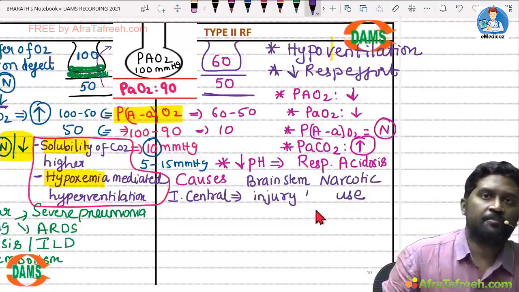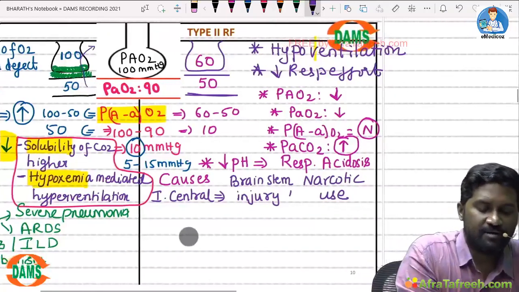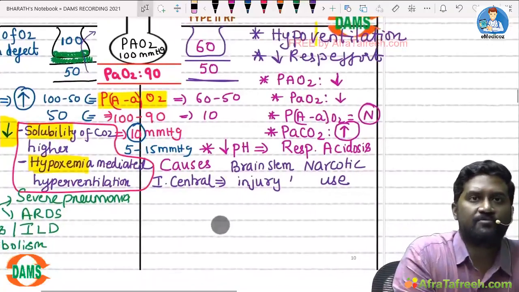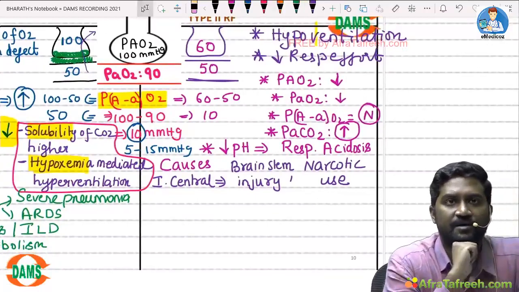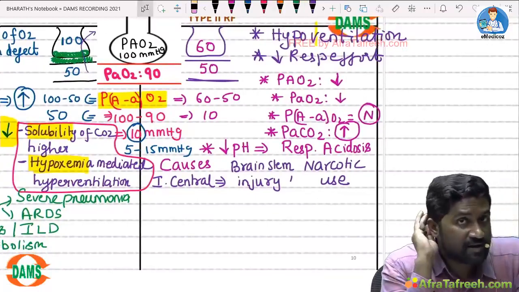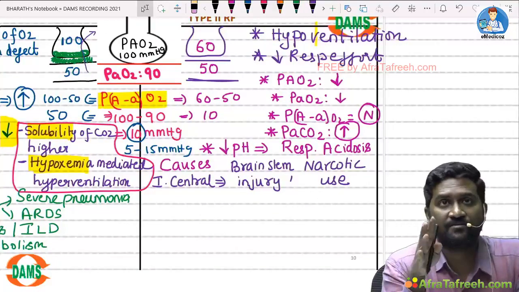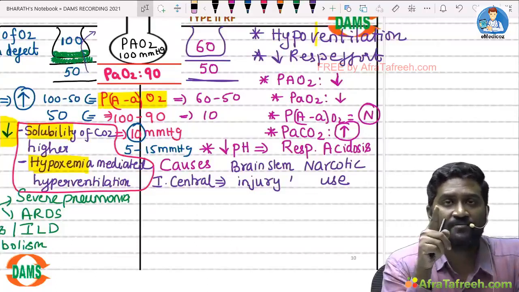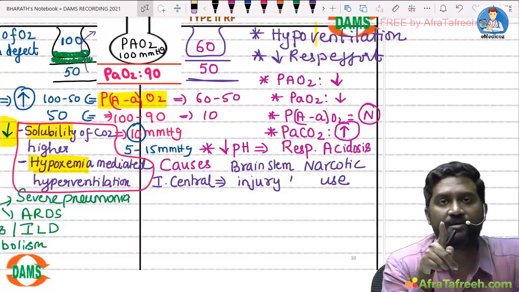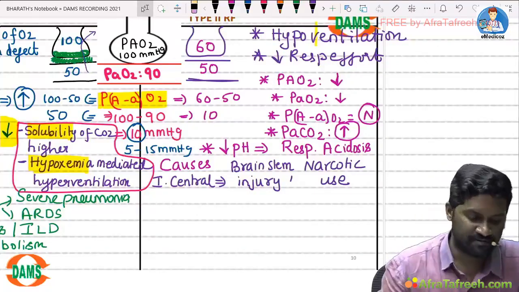Now how come brain stem injury will be responsible for type 2 respiratory failure? What is the reason behind that? See, within the brain stem there is your respiratory center. When it is damaged, your respiratory center will not function. Decreased respiration will result in CO2 retention. Narcotics themselves can cause respiratory depression.